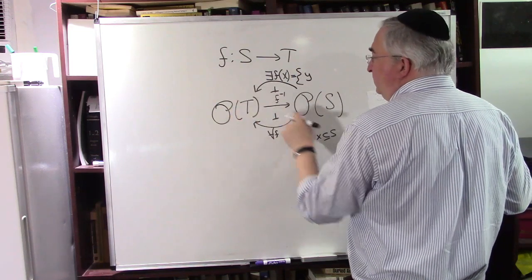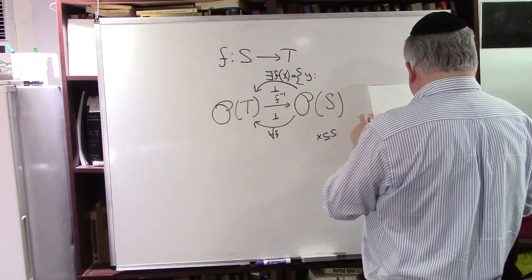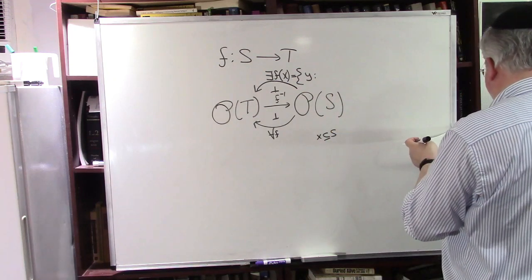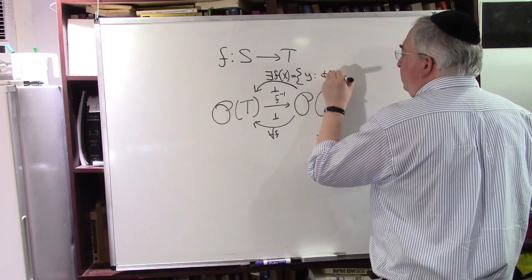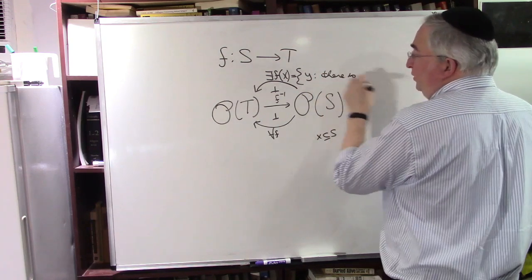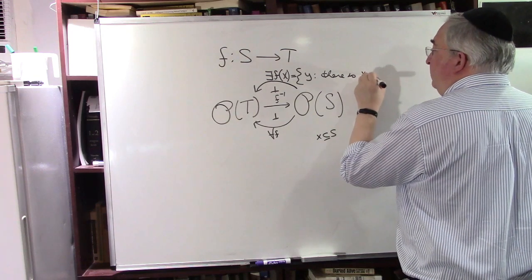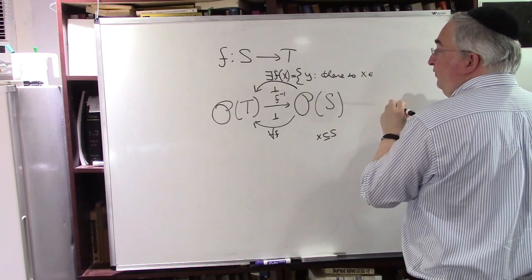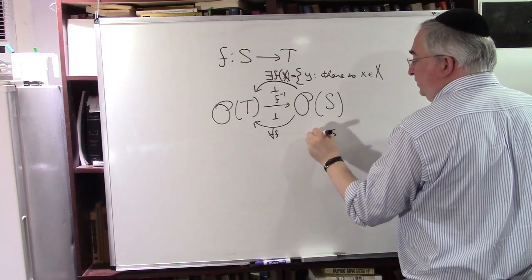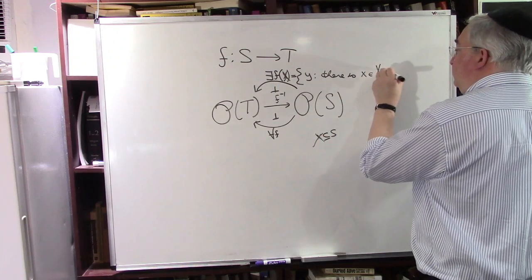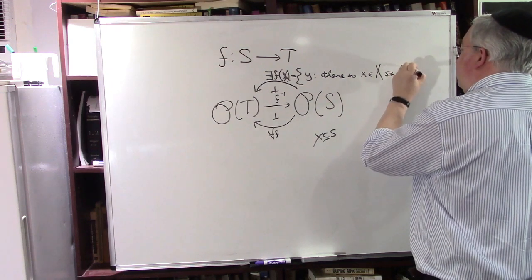So there's going to be a subset of t, the set of y such that there is, okay, you can write that as upside down e, there is an x, a member of capital X, such that f of x equals y.